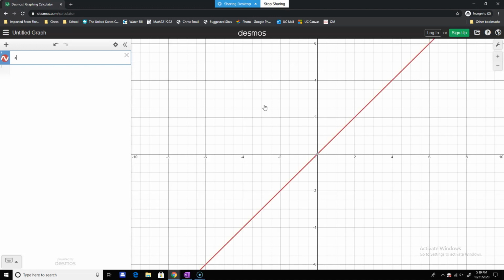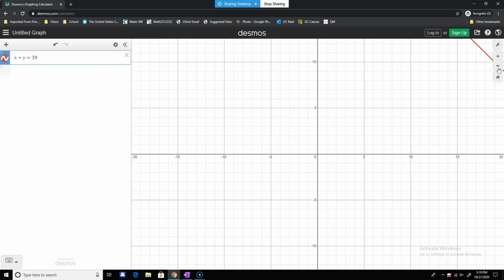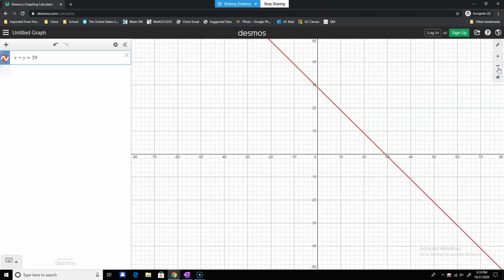I just go here. You can just type in the equation x plus y equals 29, and you'll see the graph. You might have to zoom out here because 29 is pretty high, but there you go. You see the line, and it's just that line going downward. So you can apply the vertical line test, right? If you draw any vertical line, it's going to hit that line exactly one time, no matter where you draw it. So that is a function. So for that reason, we would say, yes, this is a function.